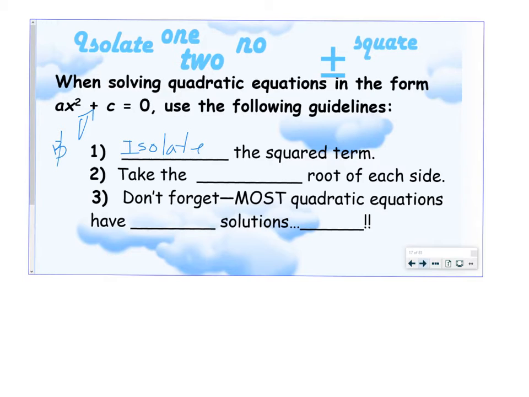We're going to take the square root of each side. Don't forget that most quadratic equations have two solutions, positive and negative. And the reason that we take the square root of each side is because you're going to have something that's squared. And the inverse of something squared is the square root.